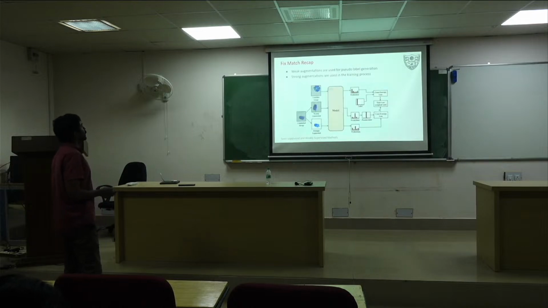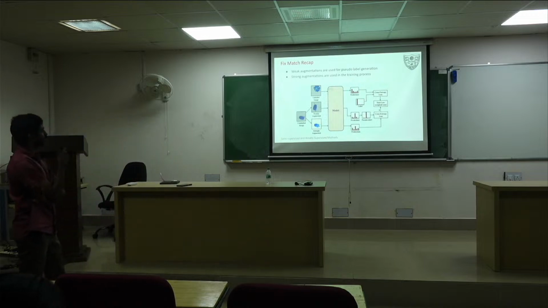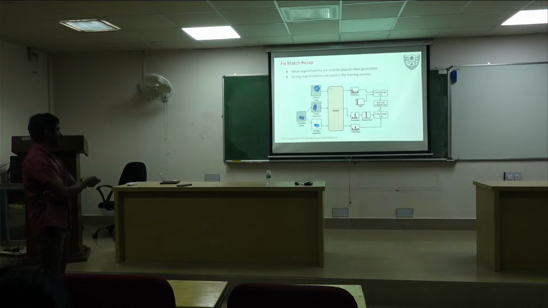So the other thing that we did was the fixed match. The fixed match was basically trying to look at another method, right? So you do a weak augmentation versus strong augmentation. So you have a labeled image, it is the same path as supervised training.